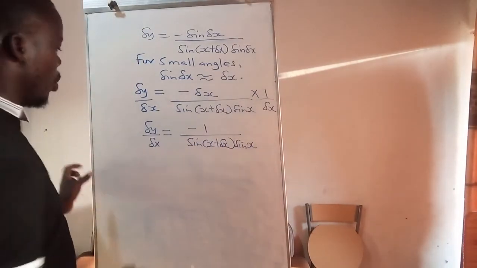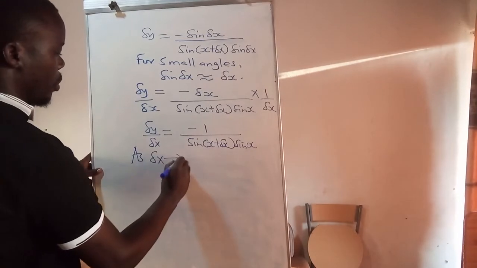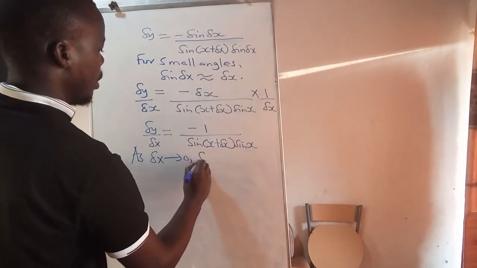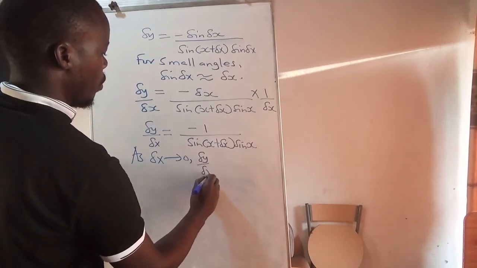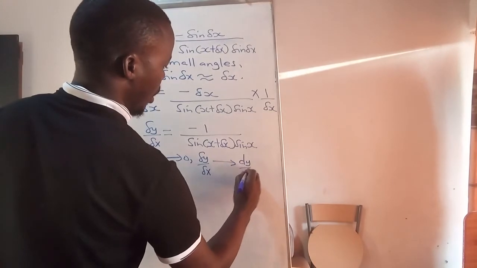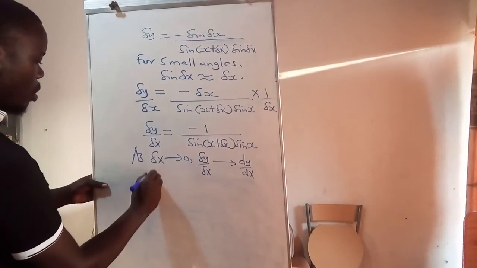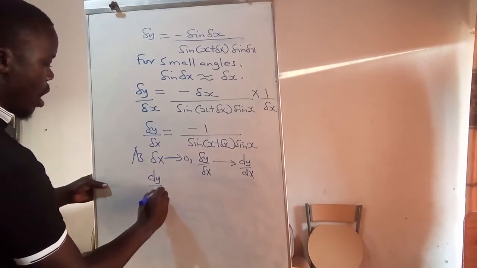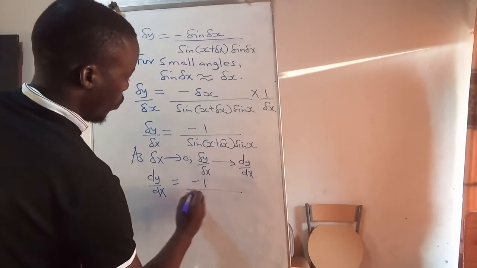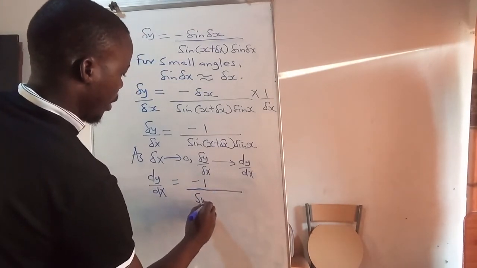Now, from this level, we shall go for the last assumption that as delta x tends to 0, delta y out of delta x tends to dy dx, so that now dy dx becomes negative 1 out of sine x, sine x.